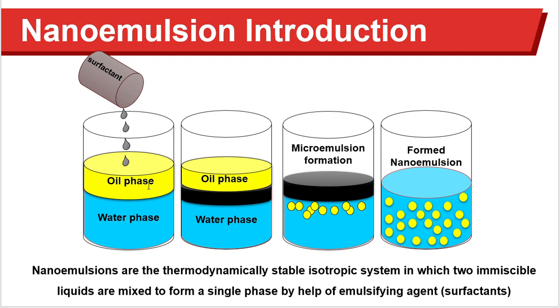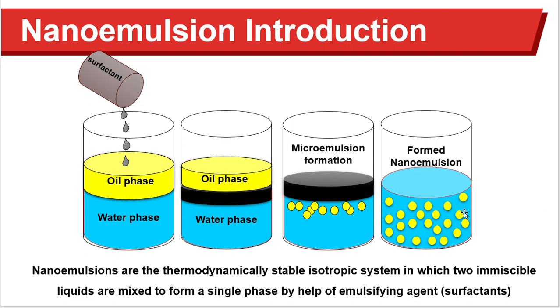So in this process, we are mixing oil and water with the help of a surfactant. When we add surfactant, the oil and water mix and make a tiny droplet. So that will be very stable.